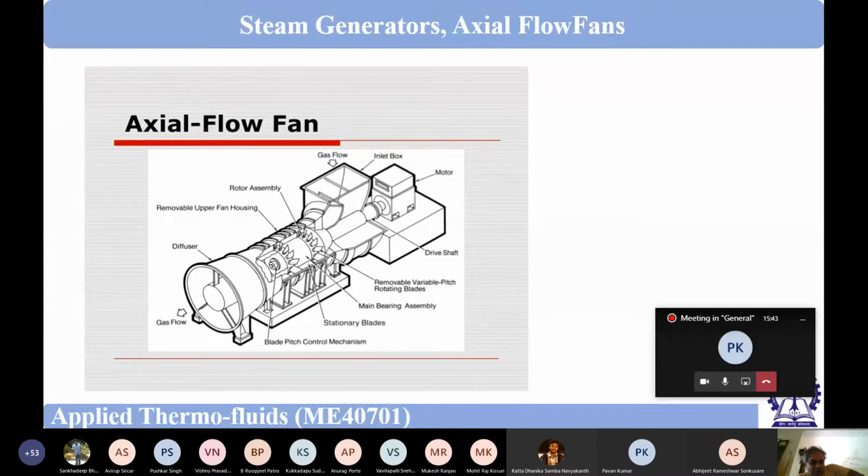Now, this is what I wanted to ask you in connection with the table fan. Sometimes, maybe not all of you, but some of you have experienced it, that the fan is rotating, but it is not giving a proper amount of air. You feel that the air coming out of the fan is not adequate.